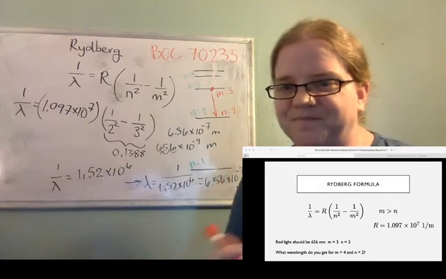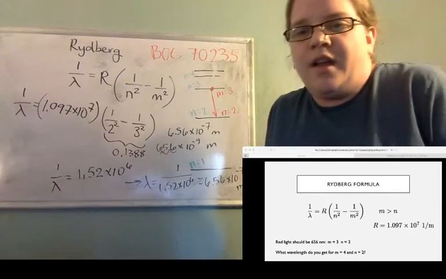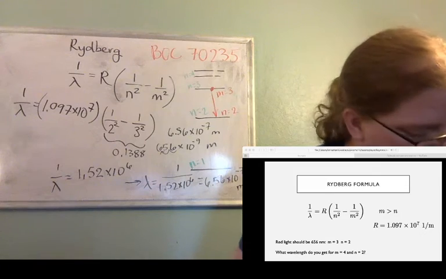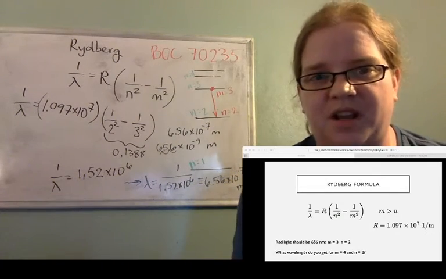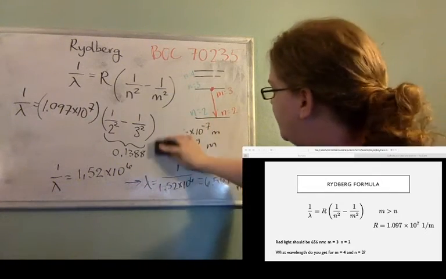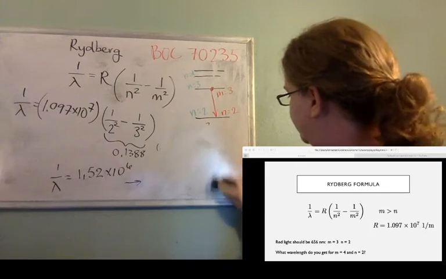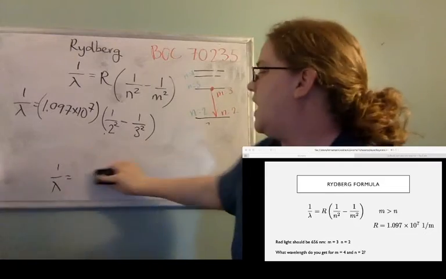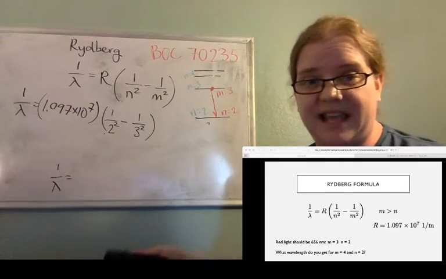All right, so Frankie got 486 nanometers. That sounds right to me, but let's just double check and make sure everybody can follow along. So when we look at this, our process here is going to be the same.